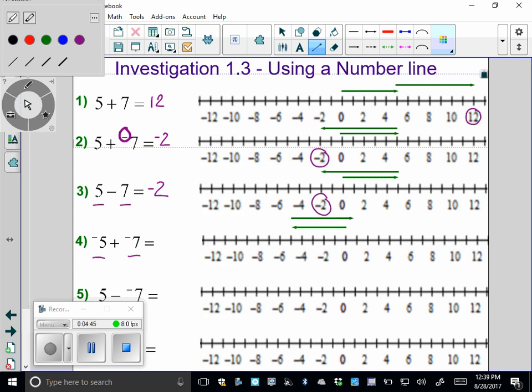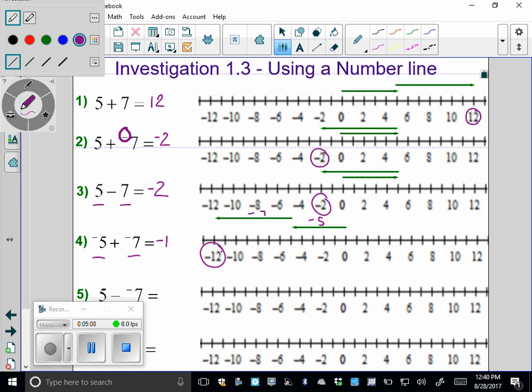So instead of adding +7, which would be sending to the right, I'm adding the opposite of 7, which sends me 7 units to the left. So in other words, this is 5 units to the left and 7 more units to the left. So my final answer is negative 12.